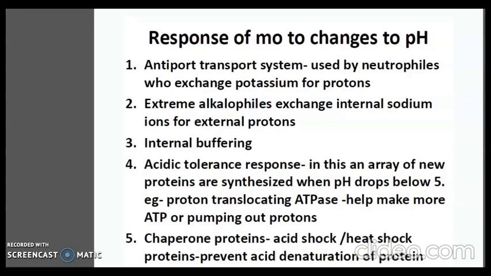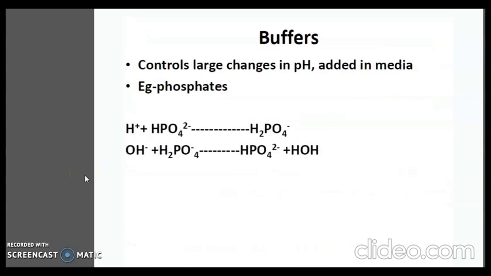Also, the microorganisms frequently change the pH of their own habitat by producing acidic or basic metabolic waste products. Internal buffering also helps to maintain a stable internal pH. Cells can control large changes in pH by adding phosphates.